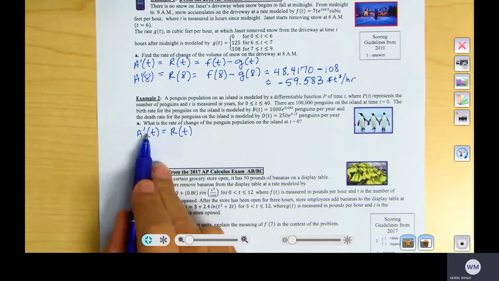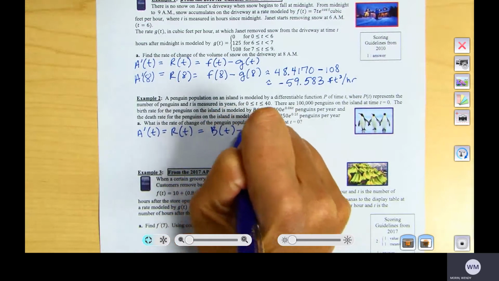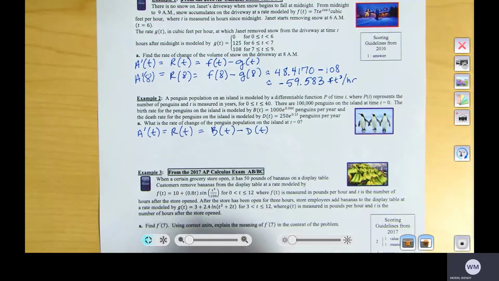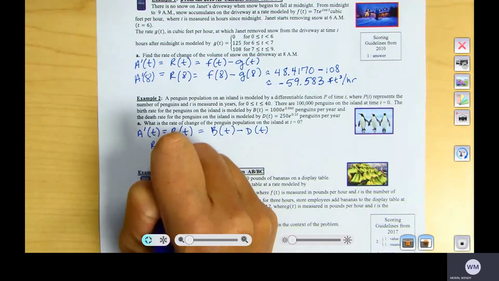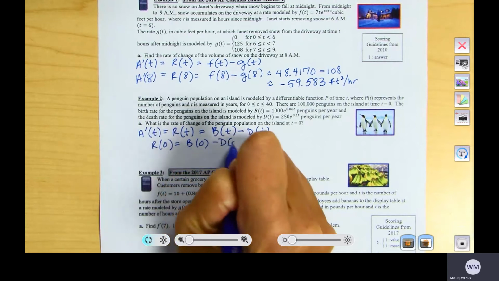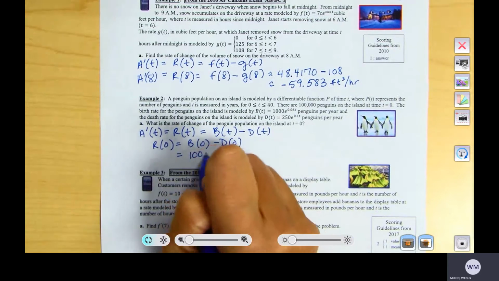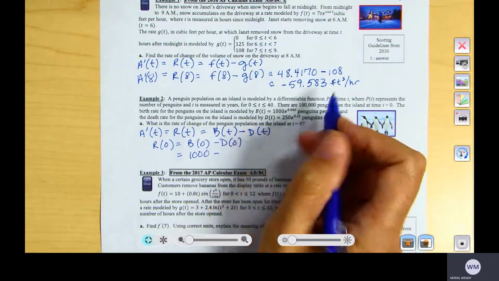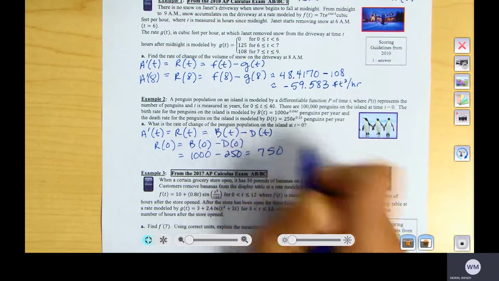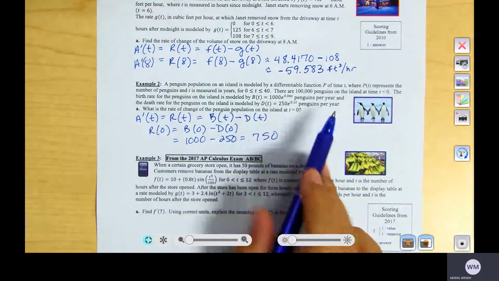Those are the same thing, which is your rate in minus your rate out. Your birth rate minus your death rate. They want R of 0. So that's B of 0, and the death you have 250, so that's 750. The rate, so it is penguins per year.